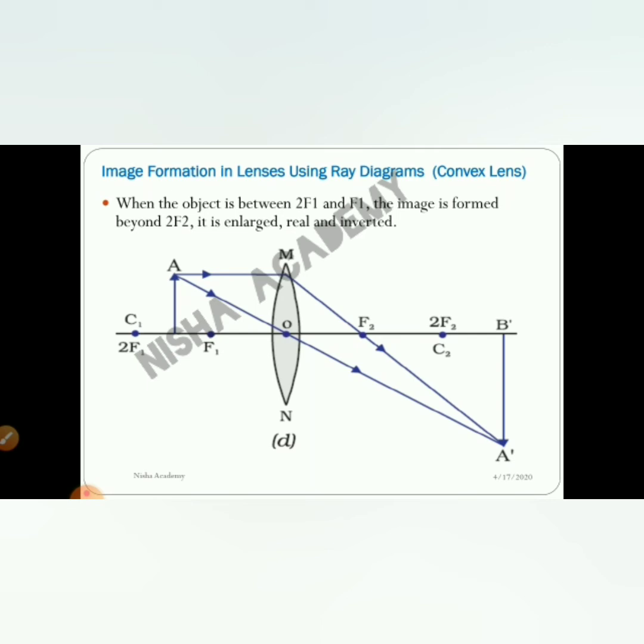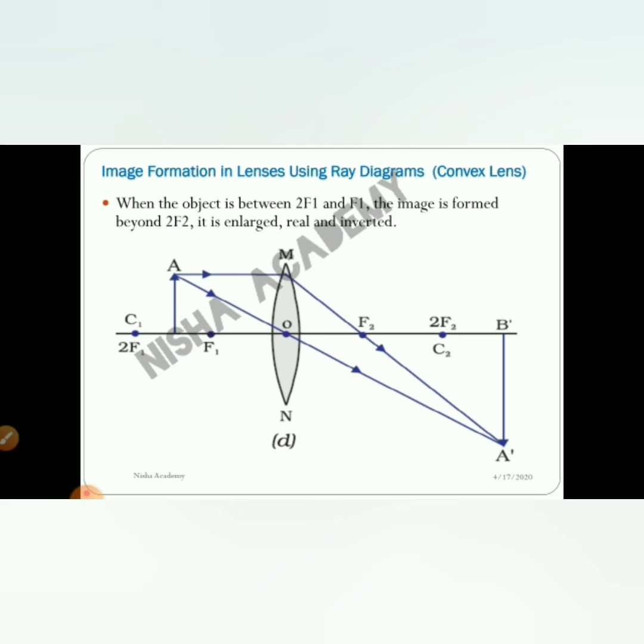What you have observed in this sequence is that we are putting the object and sliding it nearer to the lens. Now we put the object somewhere between focal point f1 and 2f1. Again, as in the previous cases, take two rays, one parallel to the principal axis and another passing through the center.